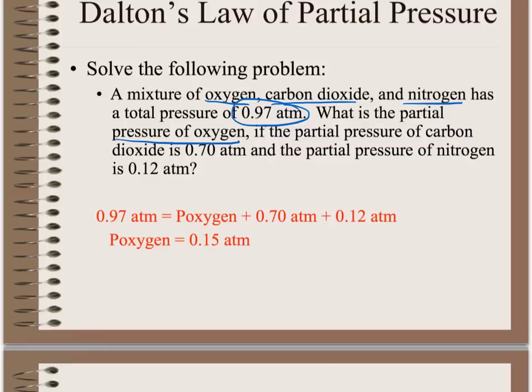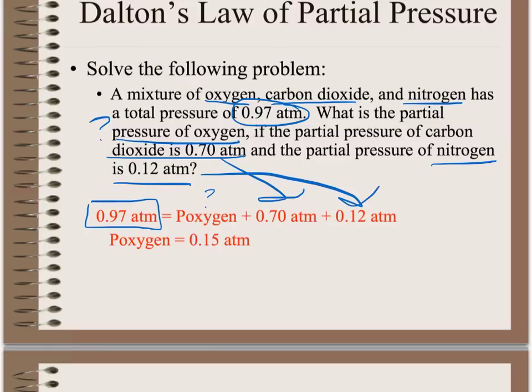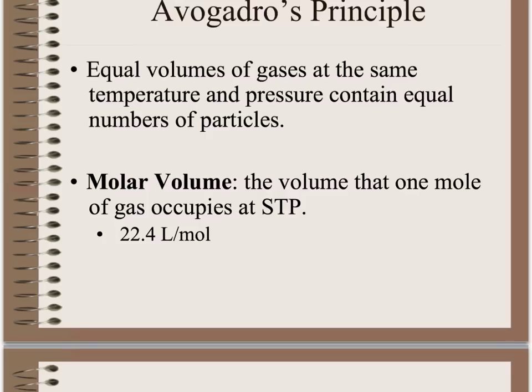What is the partial pressure of oxygen if the partial pressure of CO2 is 0.7 and the partial pressure of nitrogen is 0.12? So basically our total is going to be equal to oxygen, or unknown, plus the 0.7 plus the 0.12. So we're just going to do the math, and the pressure of oxygen comes out to be 0.15 atm.